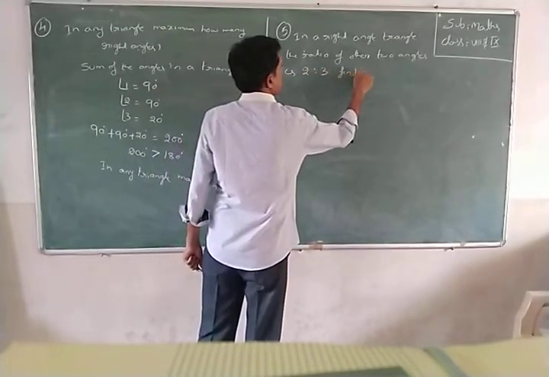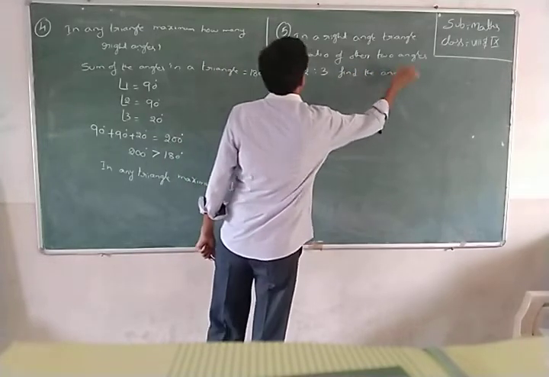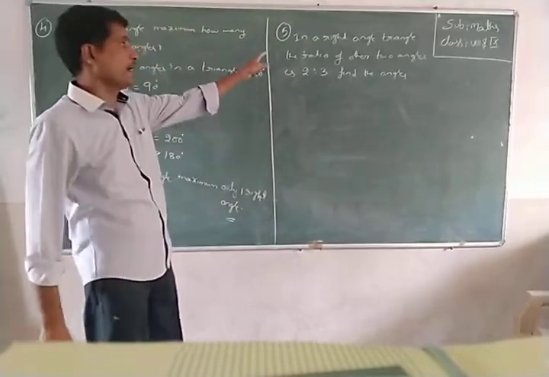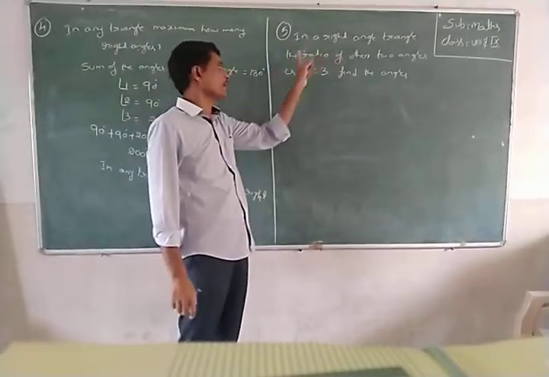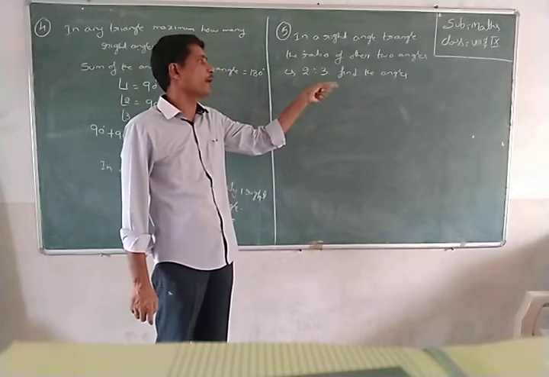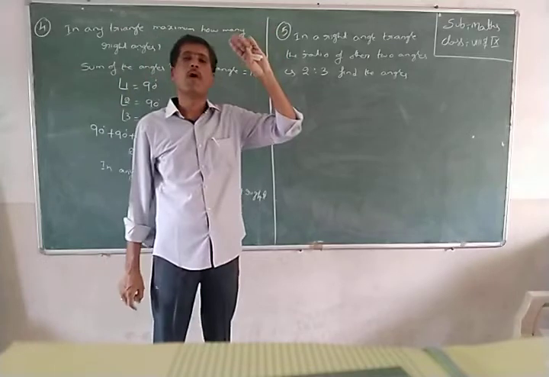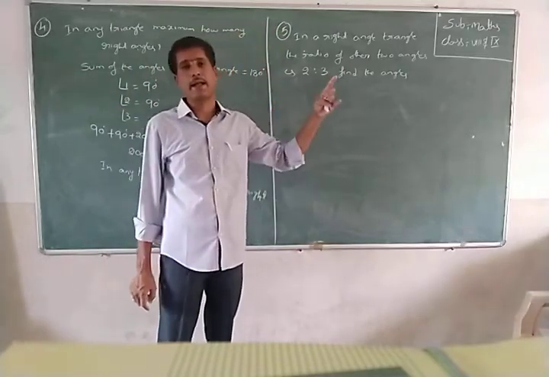Find the angles. See here, in a right angle triangle, the ratio of the other two angles is 2:3. Find the angles. Therefore, in a right angle triangle, one angle is compulsorily a right angle.